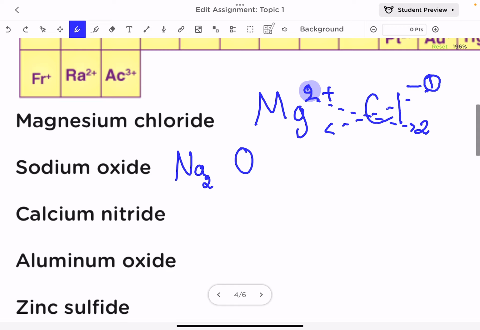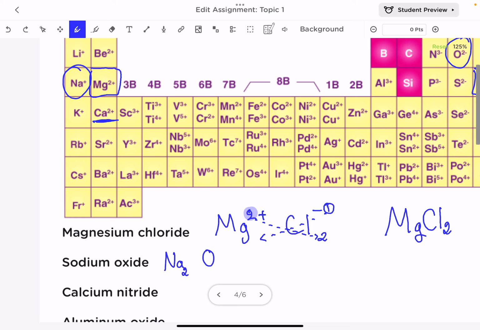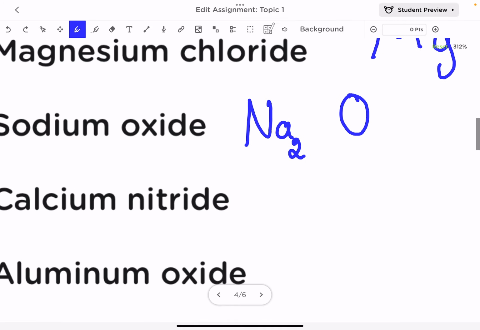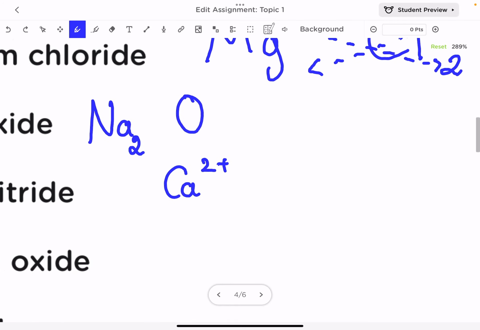Let's take another example. Calcium nitride. Calcium in this table is +2 and nitride is -3. So let's write it. Calcium and nitride.